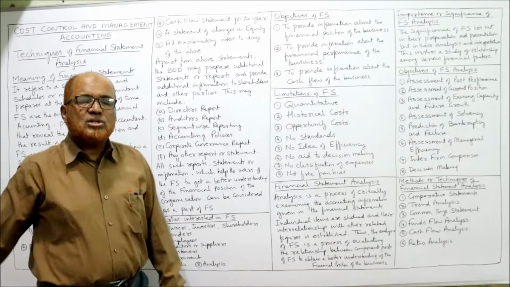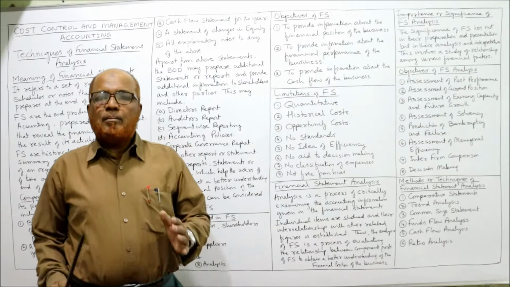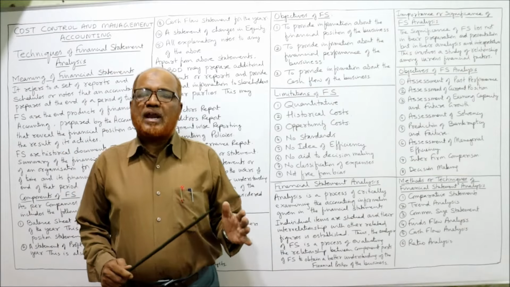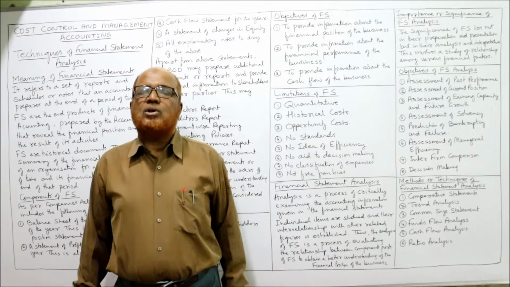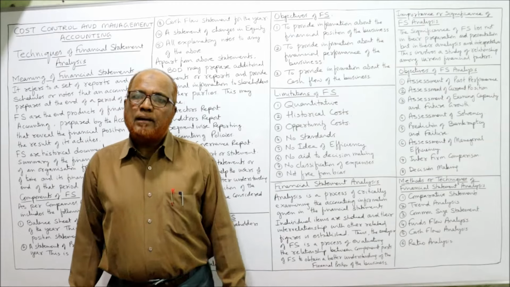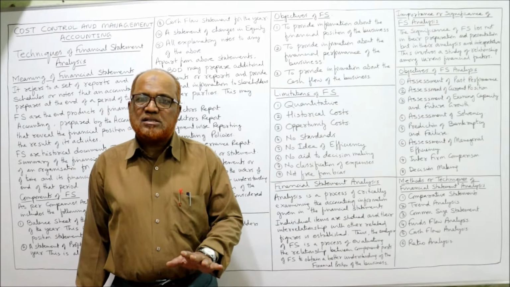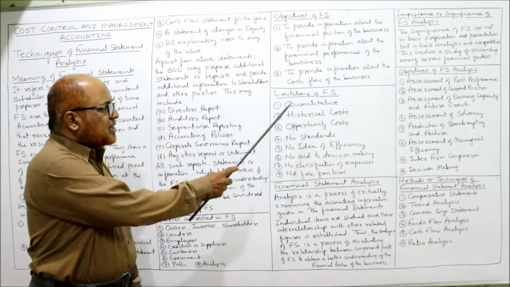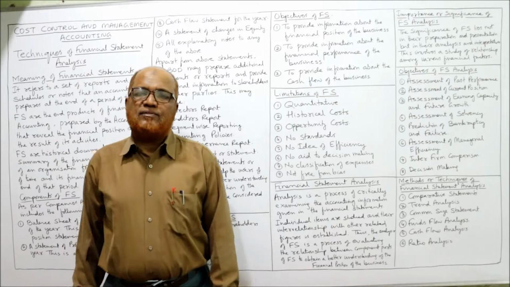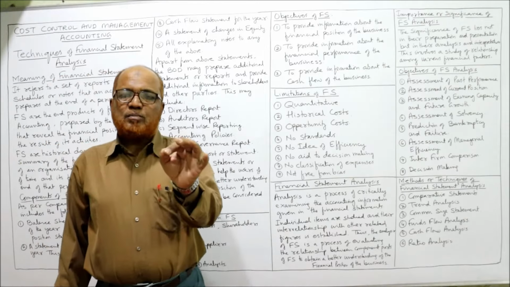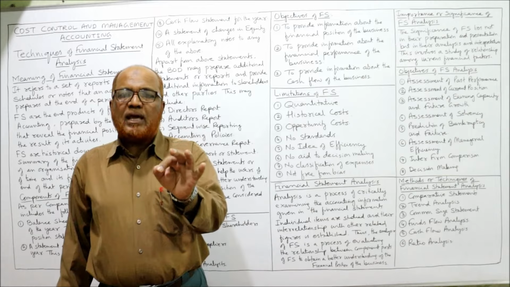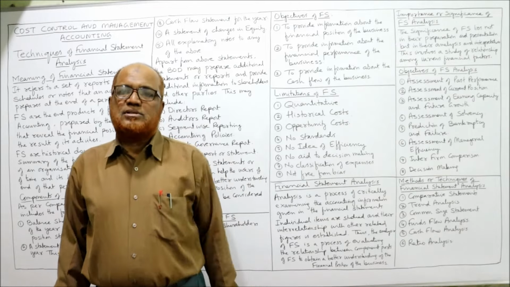Next comes limitations of financial statements. There are many advantages of financial statements, but they also suffer from some limitations. We don't have only advantages. Limitations. The first limitation, quantitative. The financial statements will be prepared only in monetary terms.